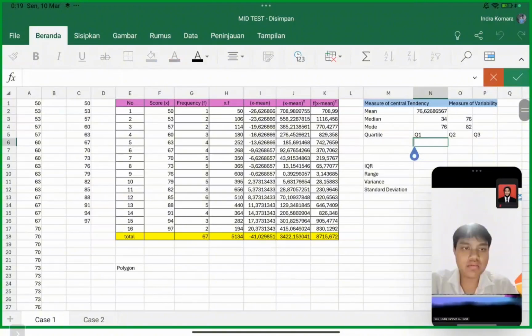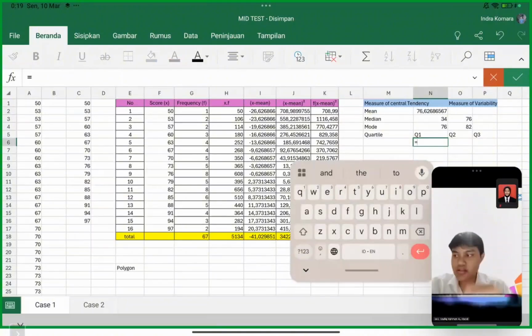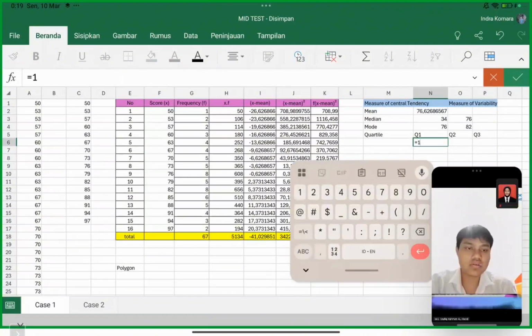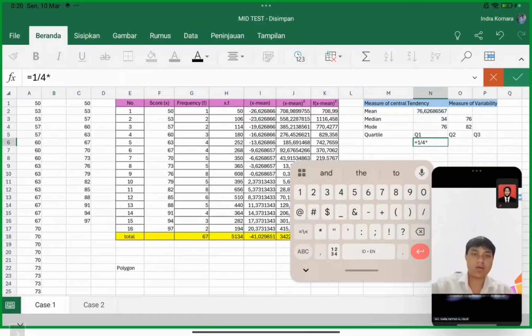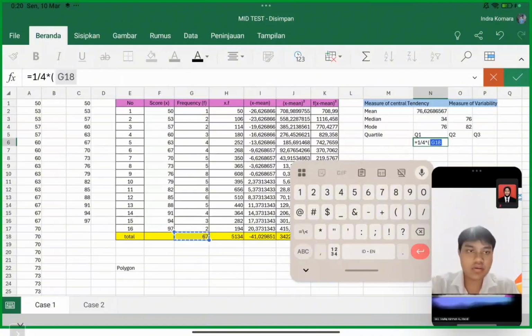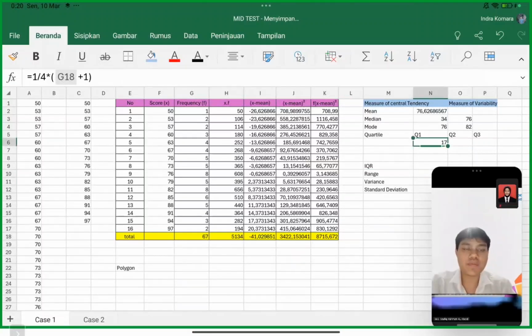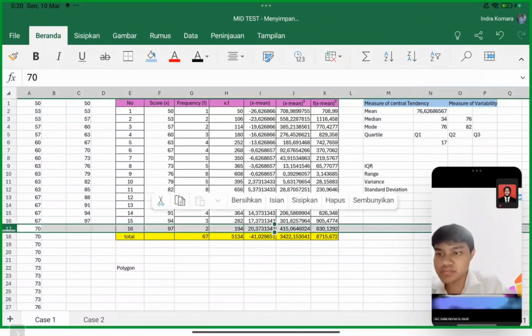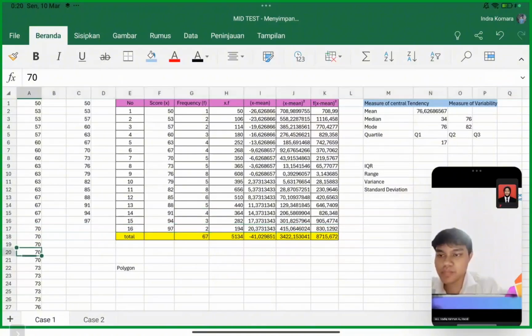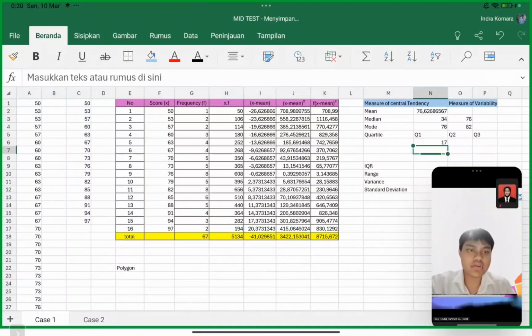We can calculate with this formula: 1 per 4, don't forget star or times, the total of the frequency plus 1. Enter. Here's the 17. So 17 is where I can find quartile 1. 17 is here, right? So quartile 1 is 70.